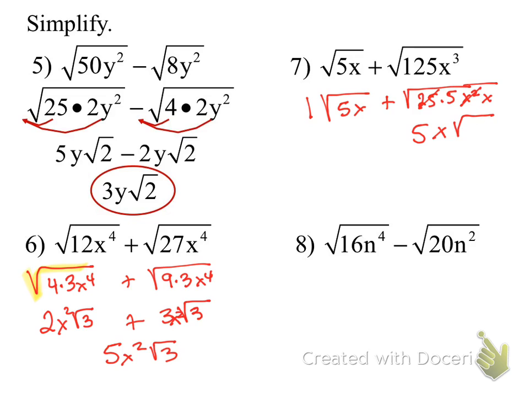And what's left under the radical is 5x plus the 1, right, over here. So now I've got 1 plus 5x, all times the square root of 5x. Now, since they're both times the square root of 5x, you have to put those parentheses or it will be wrong. Otherwise, it just means 5x times rad 5x, not the whole thing.